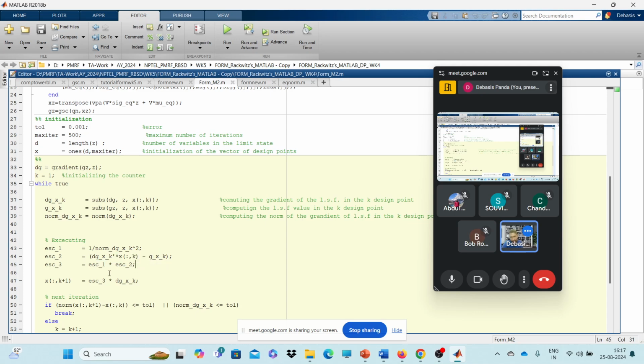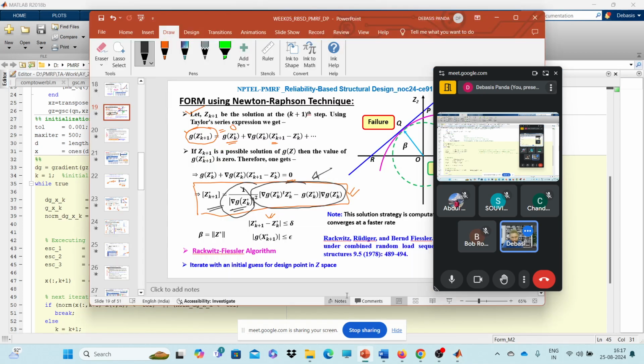and d of zk. Now expression 3 is to make this equation assemble like z star xk plus 1 is equal to 1 by this multiplied by this. So for this part I have expression 1 and expression 3.